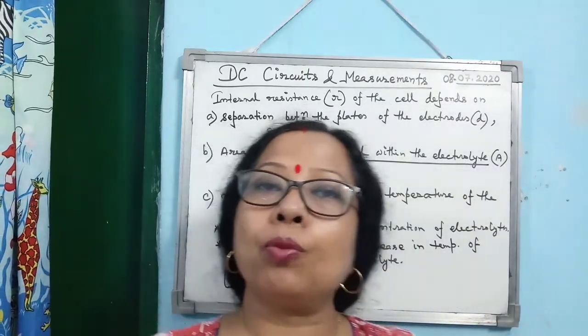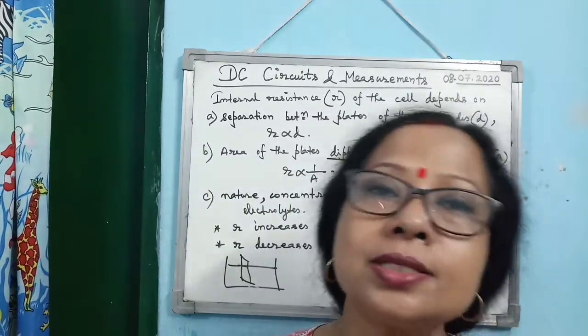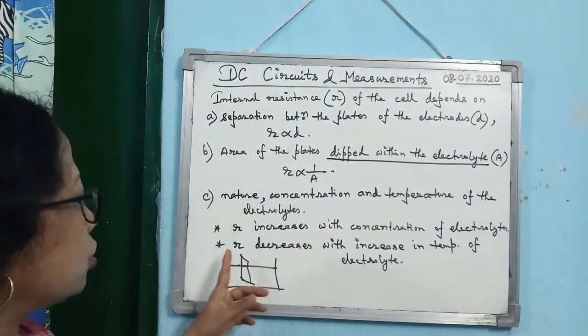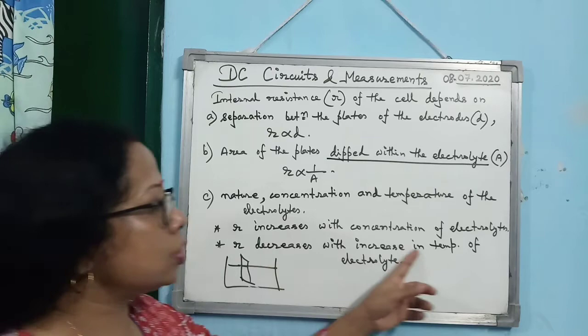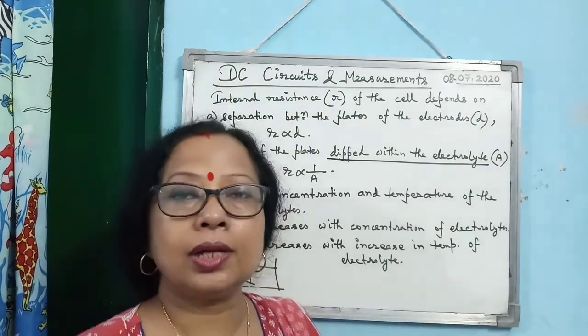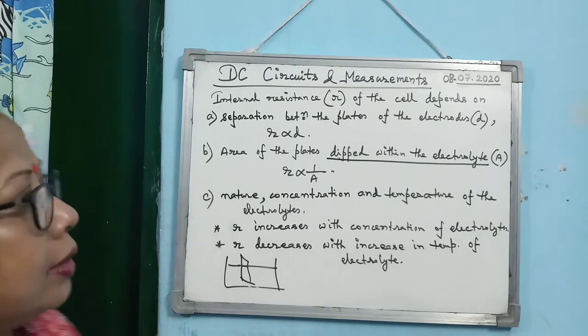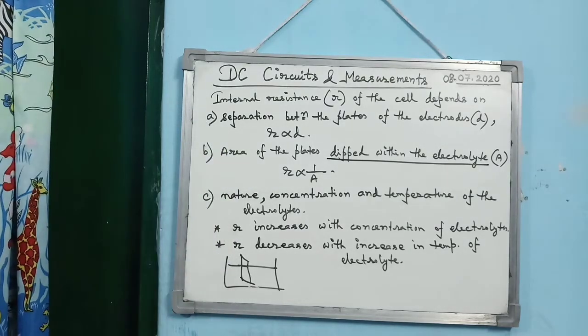So the mobility increases, and if it increases, then it will increase the current. That's why resistance decreases with increase in temperature of the electrolyte. Alright, so these are the factors on which the internal resistance of a cell depends.